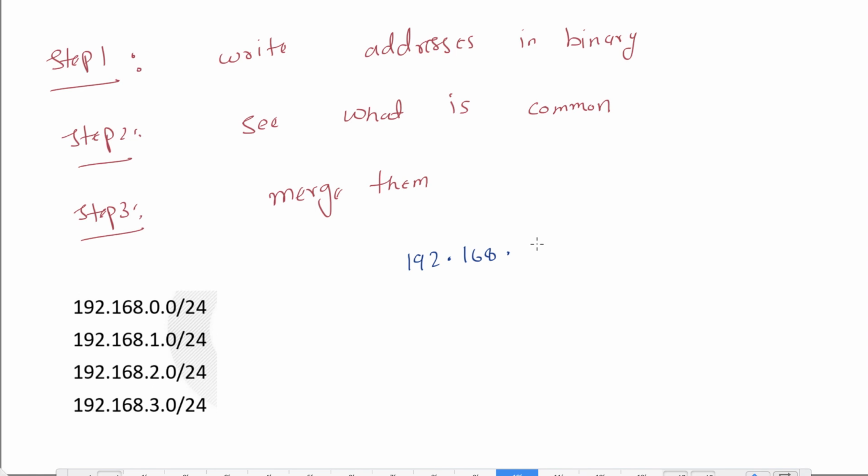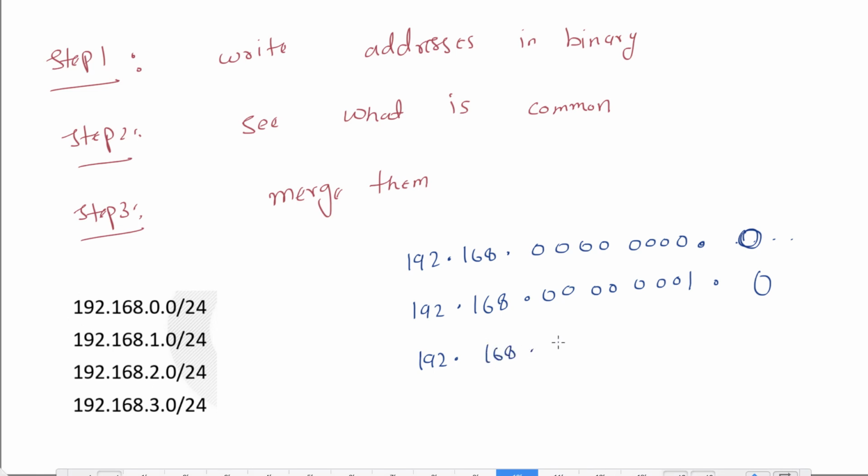So it is basically 0 in binary, all zeros, then dot something like dot 0, and then 192.168.1, which is 00000001, dot 0, and then 192.168 dot 00000010 dot 0, and then 192.168.0 dot 00000011. This is what these 4 networks are.